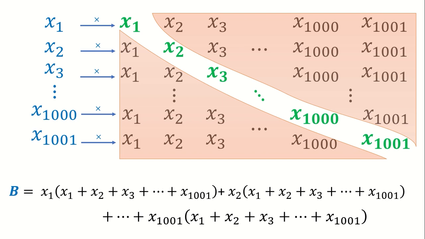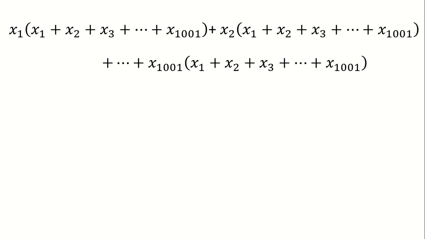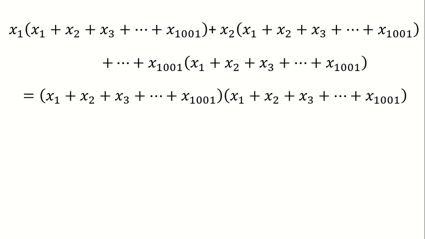We assume that these expressions are the letter B. So B is equal to x1 times (x1 plus x2 plus x3, etc. plus x1001), plus x2 times (x1 plus x2 plus x3 plus etc. plus x1001), and this goes on to x1001 times (x1 plus x2 plus x3 plus etc. plus x1001).